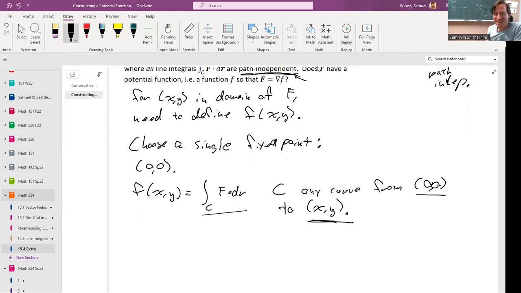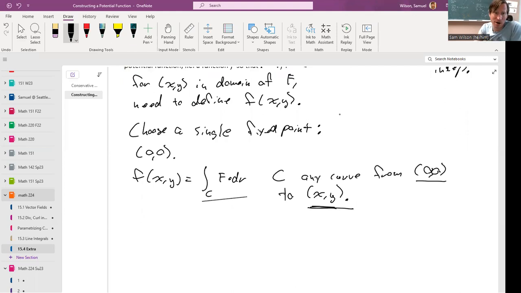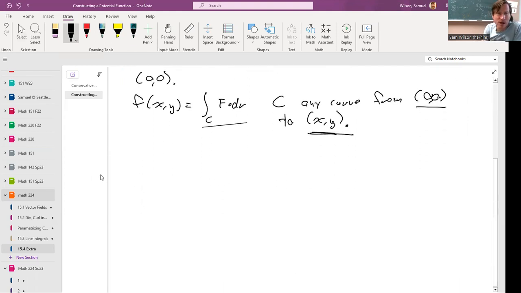The question is, is this a potential function for capital F? And that's actually the hard part of this whole thing.